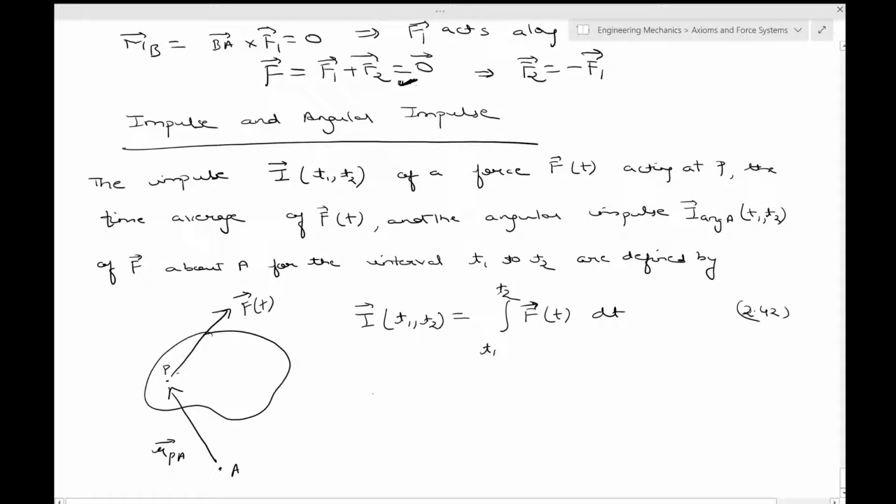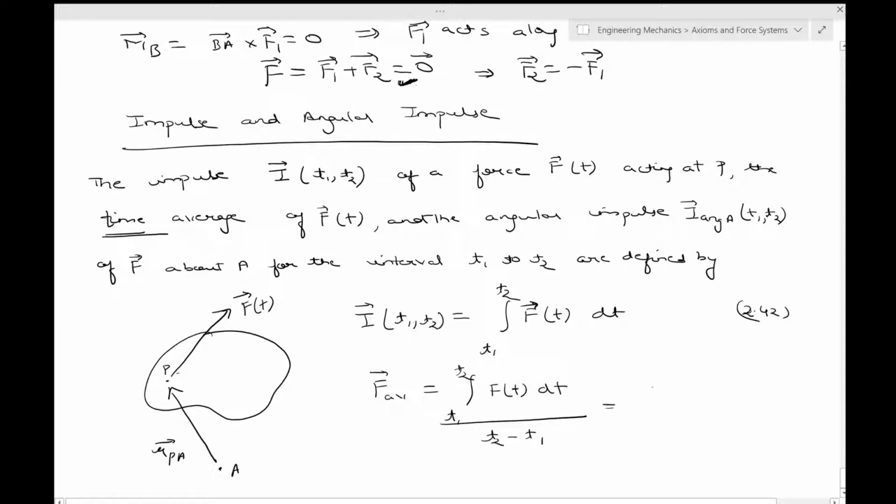The average force, the time average force, that's maybe a better way to say this, is equal to the impulse divided by t2 minus t1.